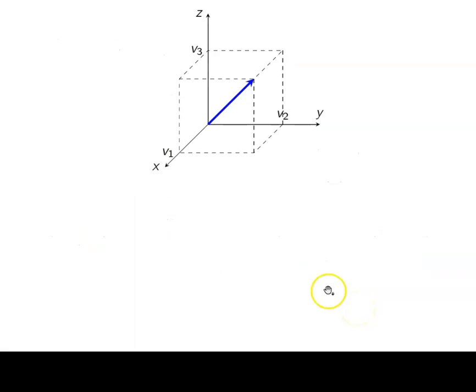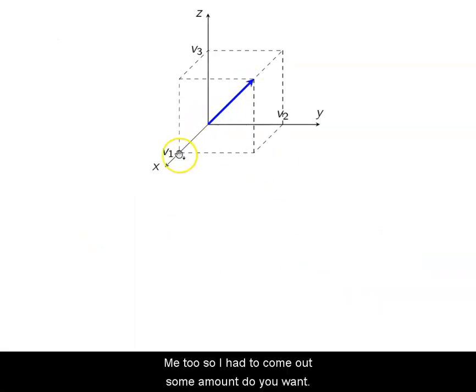So I have some vector: I come out some amount v1, then over some amount v2, and then up some amount v3. With the x-axis, we can think about the angle formed as, let's say I projected this down onto the xy plane. I'd have some angle onto that shadow cast, and some other angle between y and that shadow cast.